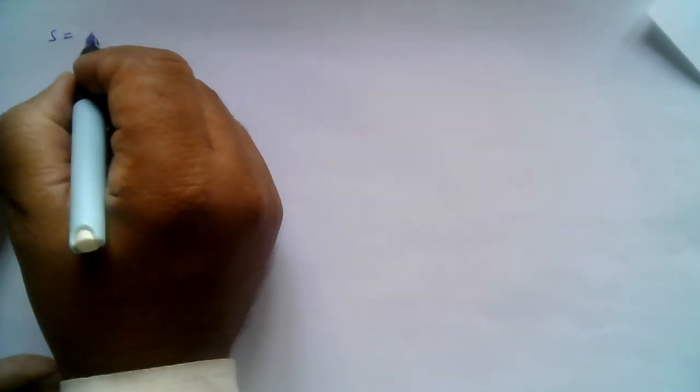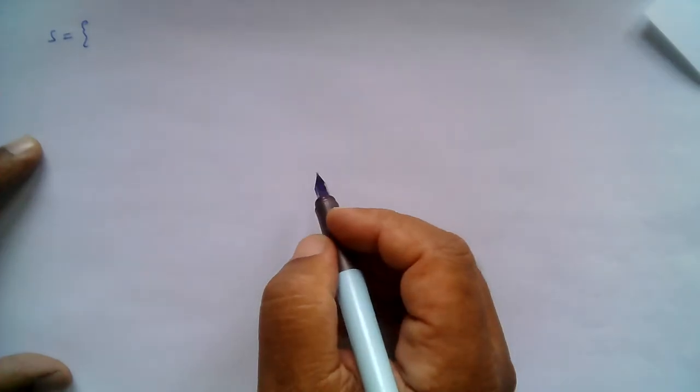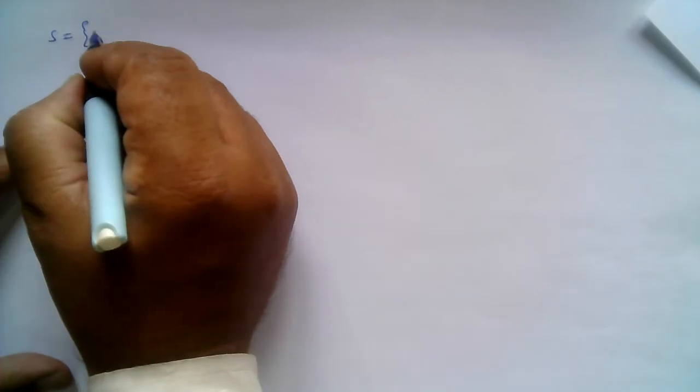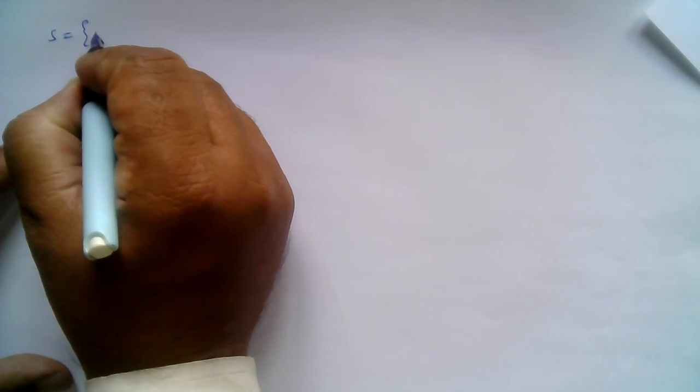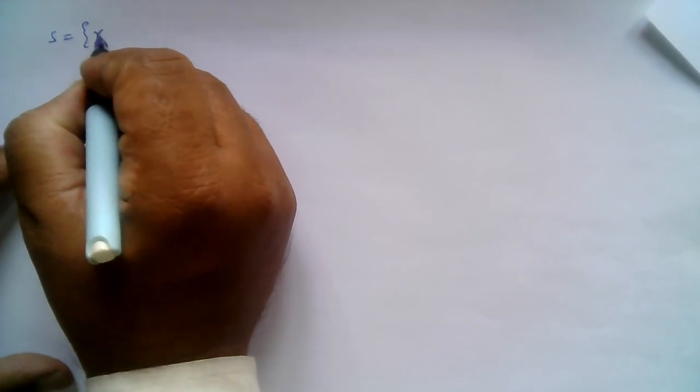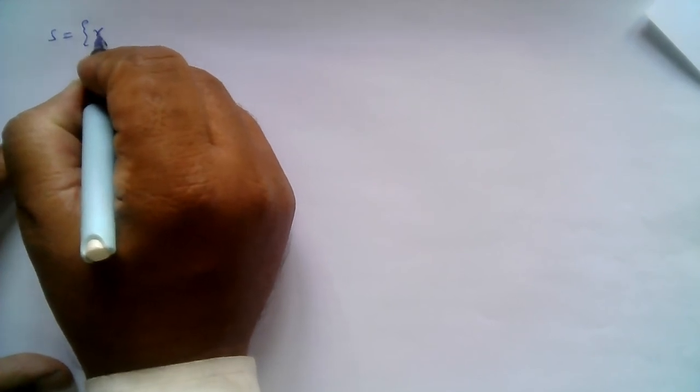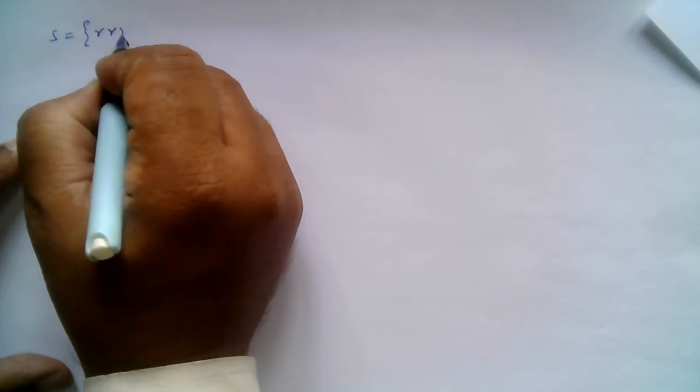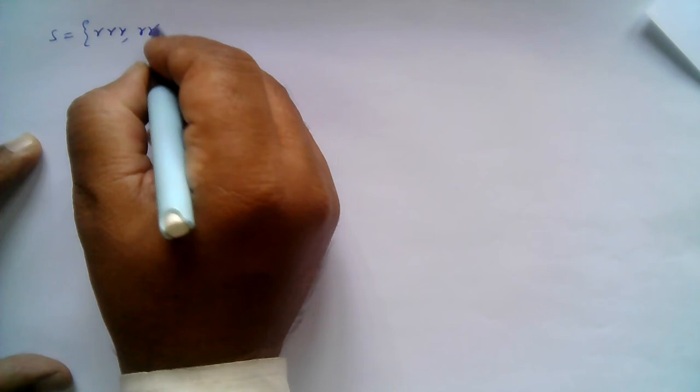So the sample space can be, for example, if all the lights are red, the first is red, the second red, then the third red, then we have RRR, right? Then we have RRG, for example, right?